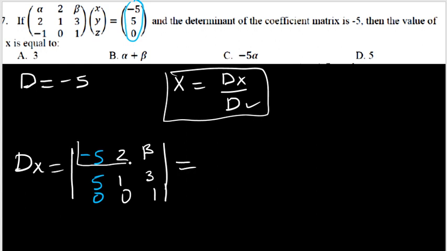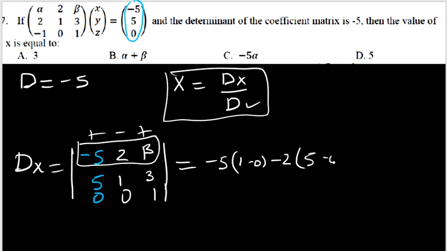So what to do? Choose the first row again, then plus, minus, plus. So -5 in brackets. Here I'm going to cancel the first column, then 1 times 1, 1, minus 0 remains, minus 2. The second column will be cancelled again, 5 times 1, 5, again minus 0 times 3, plus the last one is beta multiplied, the last column will be cancelled, and 5 times 0, everything will be 0 here, cancel out.